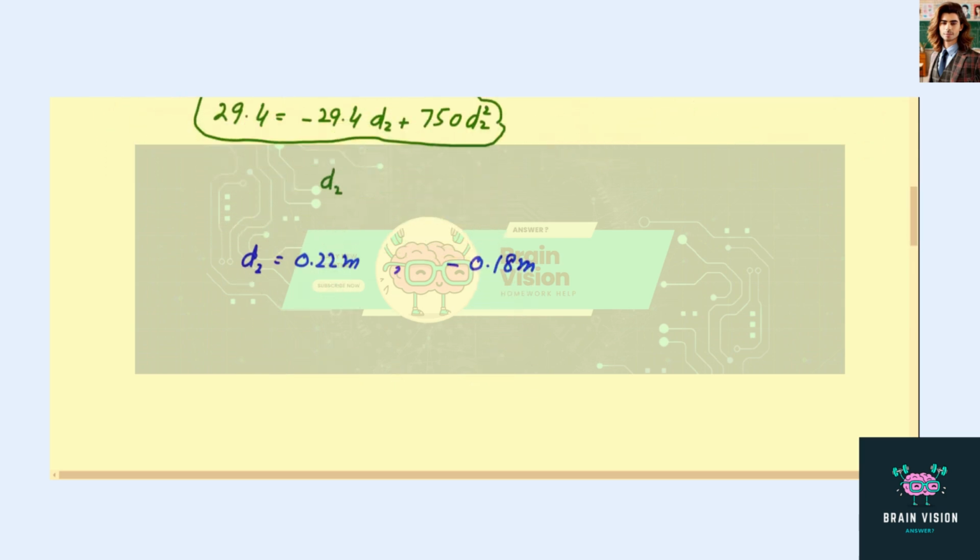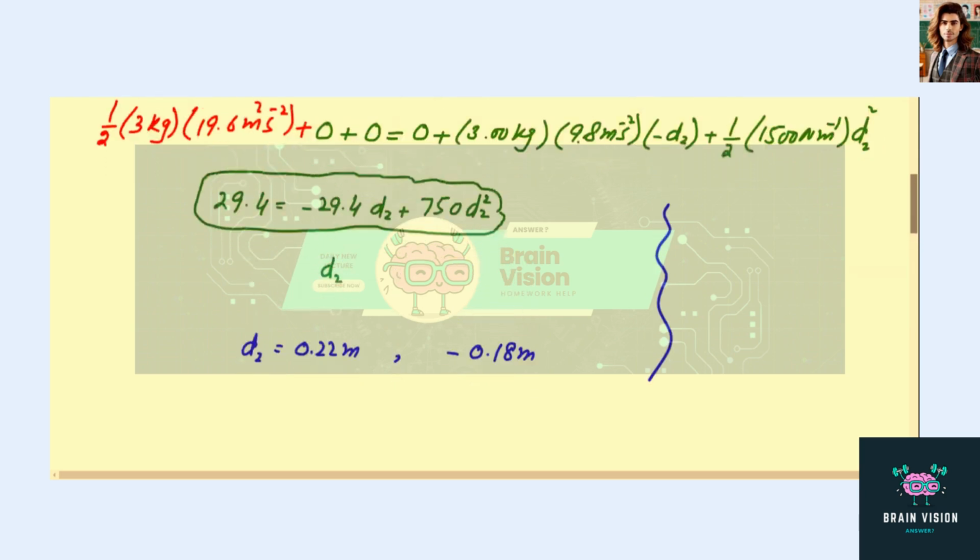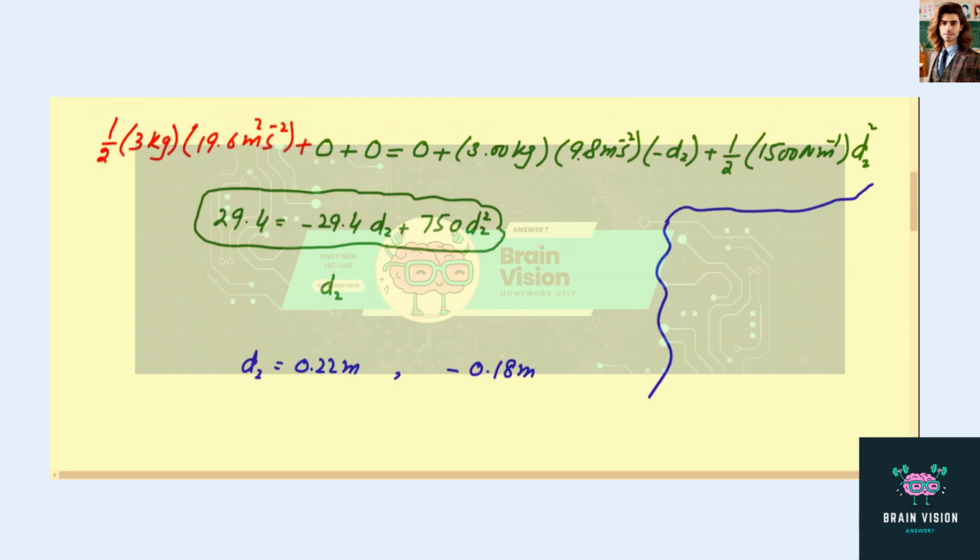As in part A we have already found that with the brick just placed, the extension in the spring was 0.04 meter. So when the brick falls from a certain height, we get another extension, and the new extension in the spring will be equal to 0.22 meter.